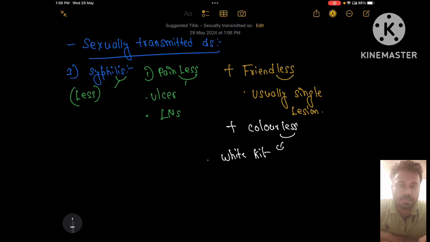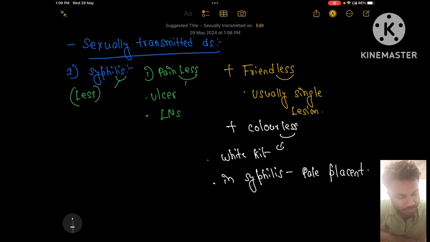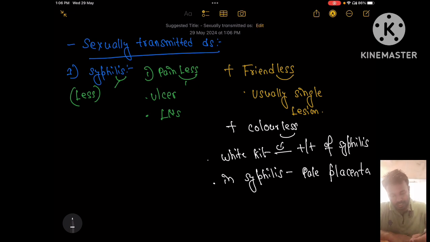If syphilis affects the placenta, it looks pale. So in syphilis, pale placenta, and white kit is the treatment of syphilis.